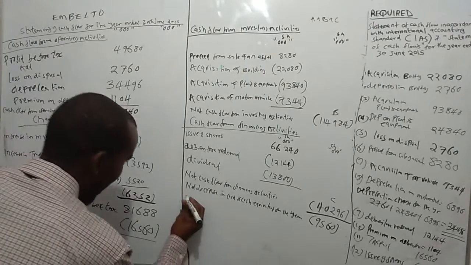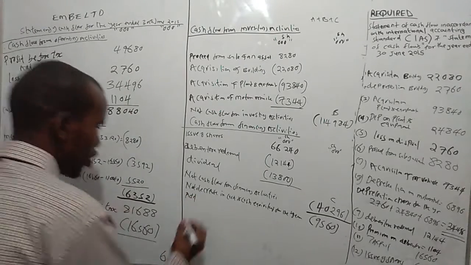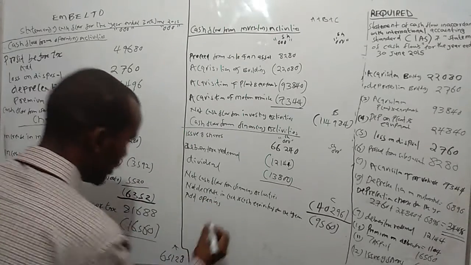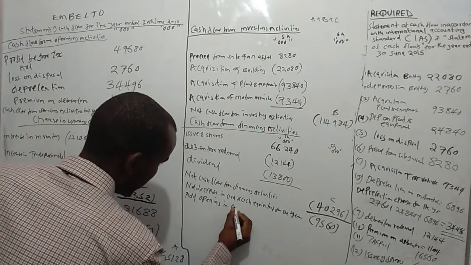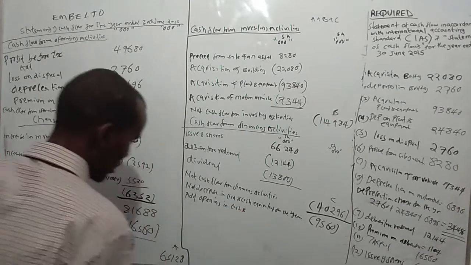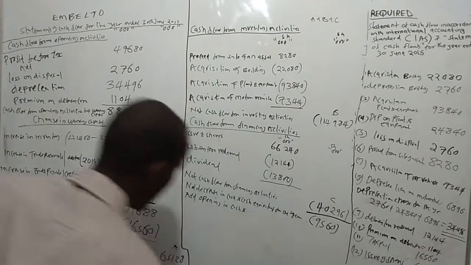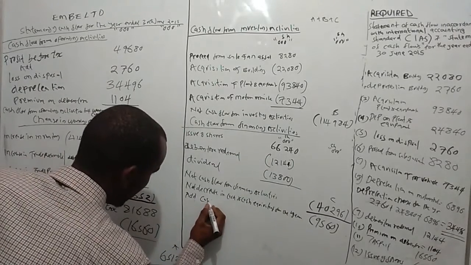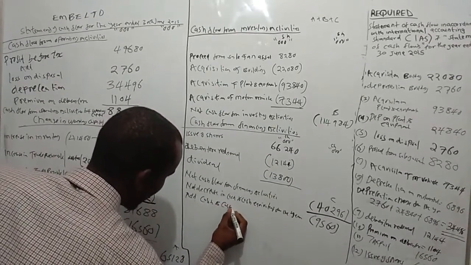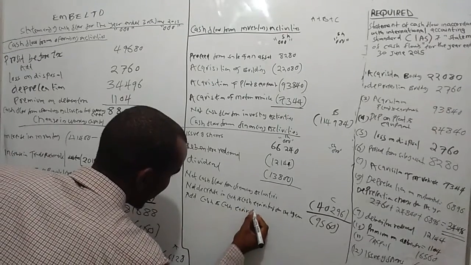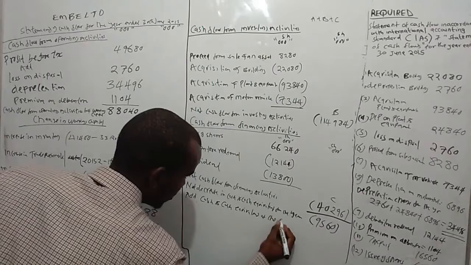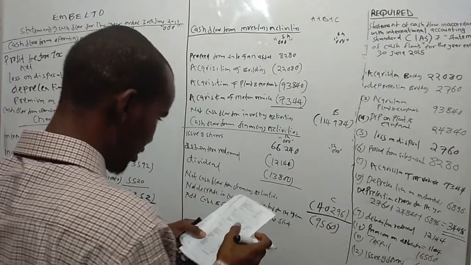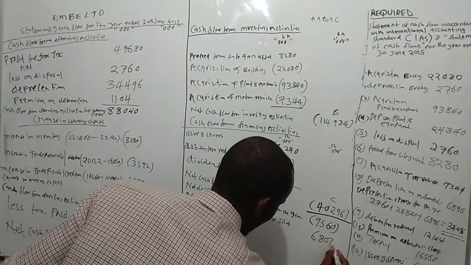So we say add cash and cash equivalent at the start, which for 2014 is 6,800.